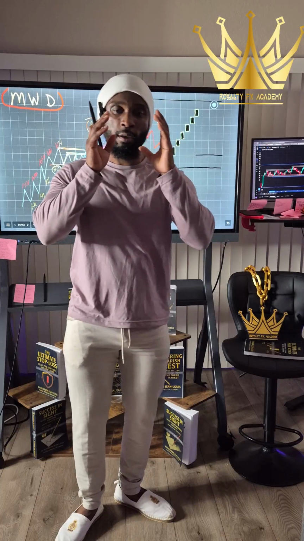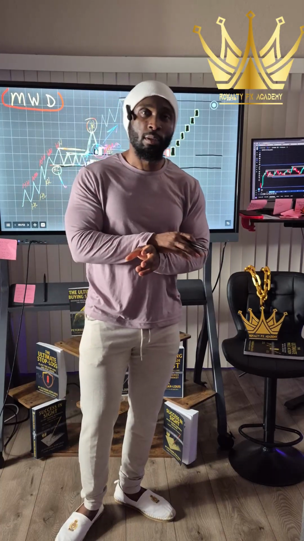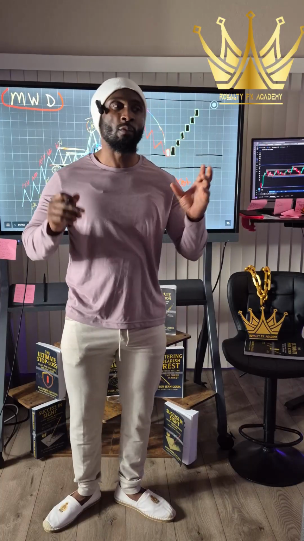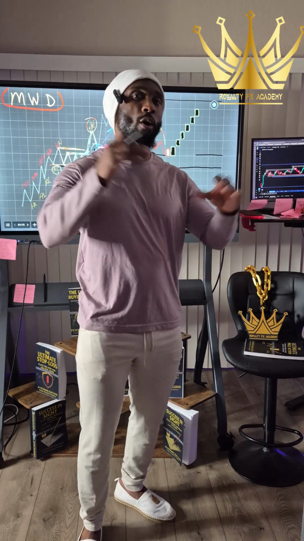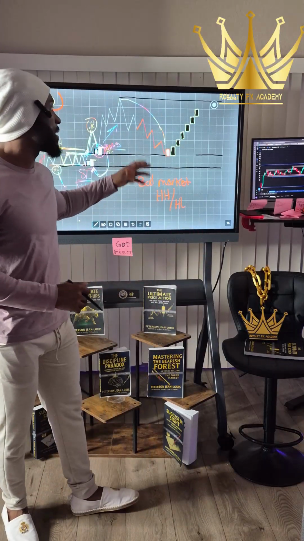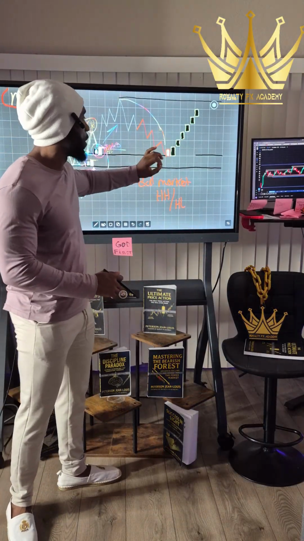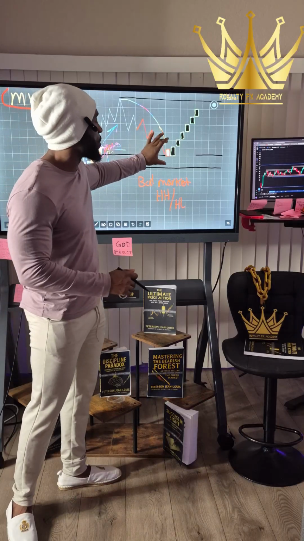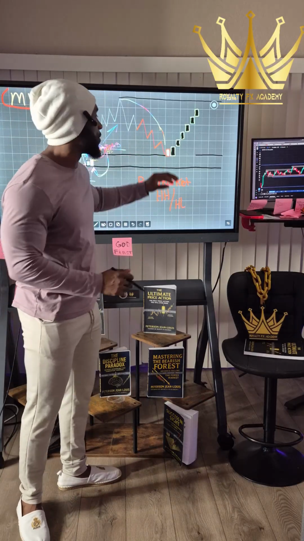So the bull market has taken over, just like a forest. If you light a fire in the forest, eventually, as the fire spreads, it will engulf the forest. It will take over. So when it comes to trading, all you're waiting for is for the buyers to engulf, for the buyers to take over.